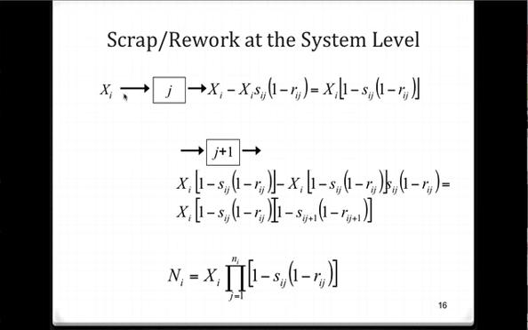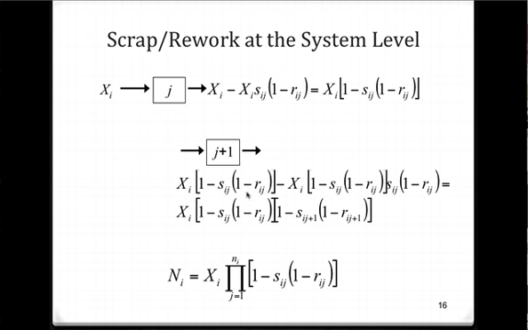If I put xi into the system, then this is what I get out of that first process. Well, this becomes the input to the next process. And if that becomes the input, then we end up with this being the expression based upon this amount going in. How much do we get out? Well, that, of course, is based upon the rework rate at the J+1 process and the scrap rate at the J+1 process.